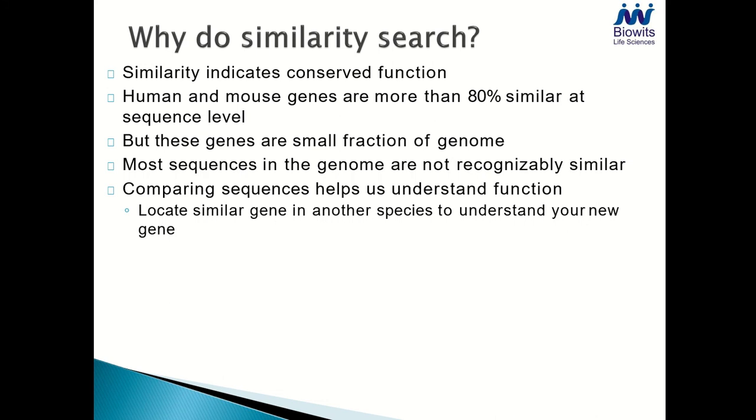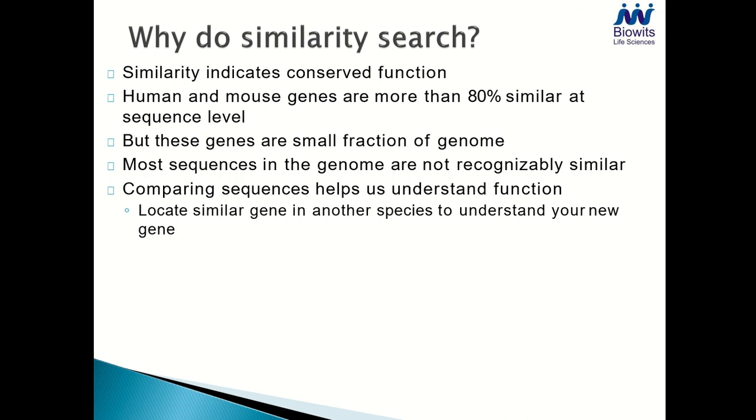So, let's go to this fundamental question. Why do similarity search? Bakit natin ginagawa yung similarity search? Because similarity indicates conserved function. Ibig sabihin, sa hinaba-haba ng panahon, by using this similarity search analysis, we could be able to establish the idea that there are genes that are said to be conserved even if millions of years went by.